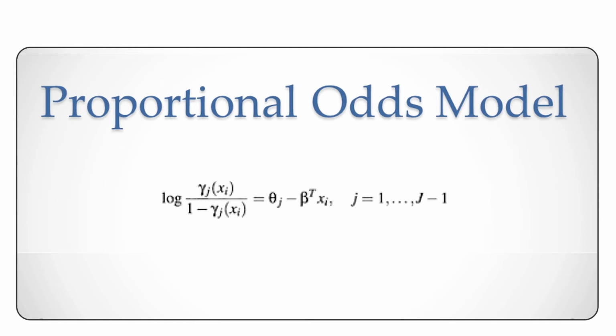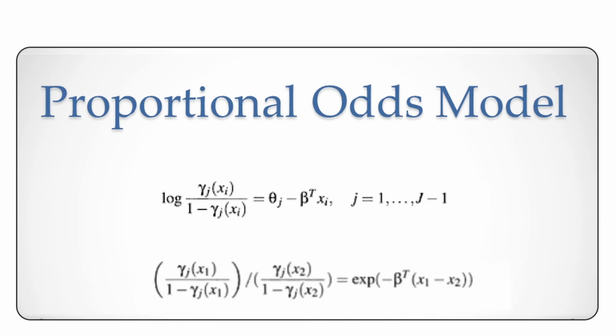The justification for the name proportional odds model comes from the fact that if we assume that we have a single covariate, say x, and we compare two values, x equal to x1 and x equal to x2, then it is possible to show that the proportional odds model implies that gamma j x1 over 1 minus gamma j x1, that is, the odds of y being less than or equal to j, that is, lying in or below the jth category, corresponding to a value x1 of x, as compared to the same odds when x takes the value x2, is given by e to the power minus beta prime (x1 minus x2).